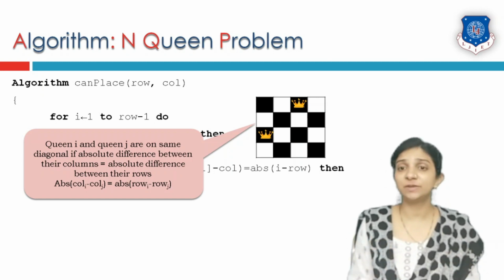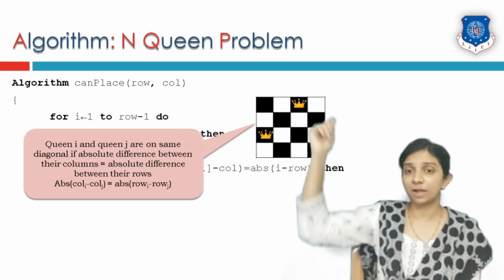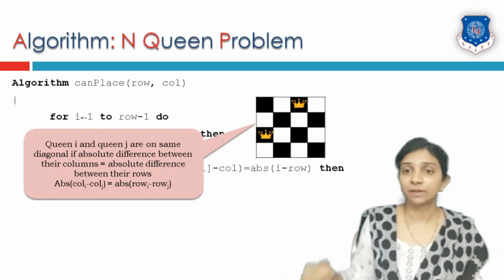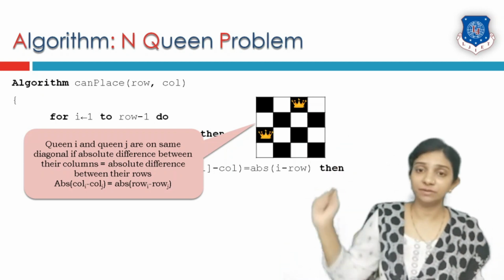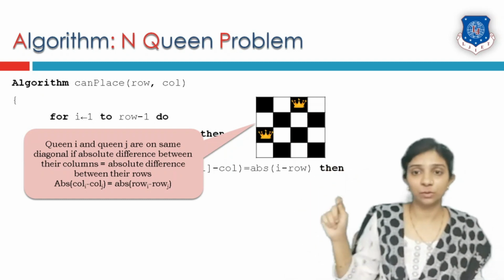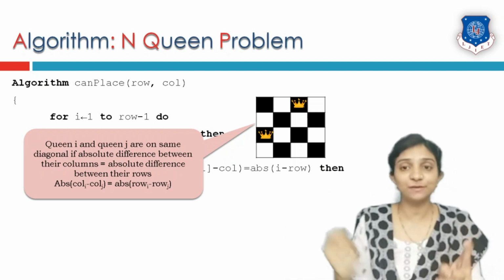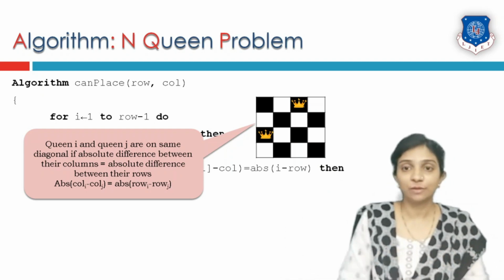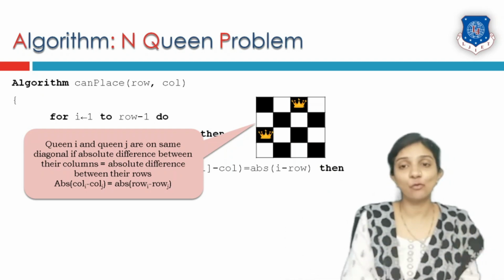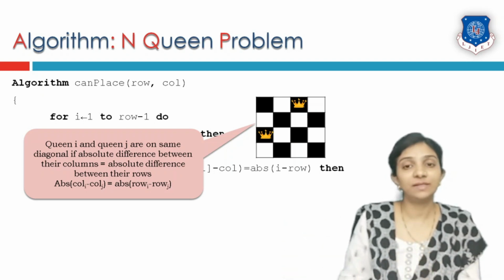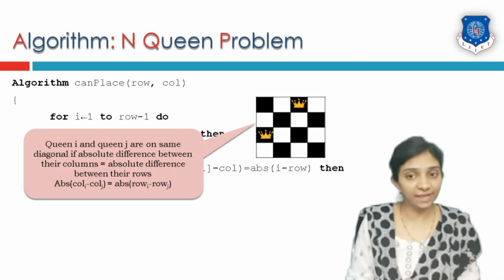Take the difference between the row numbers, that is 1 and 3. The absolute difference is 2. Now take the difference between the column numbers. This is the third one and this is the first one. 3 minus 1. The absolute difference is also 2. So the absolute difference between row numbers is equal to the absolute difference of column numbers. They are on the same diagonal.